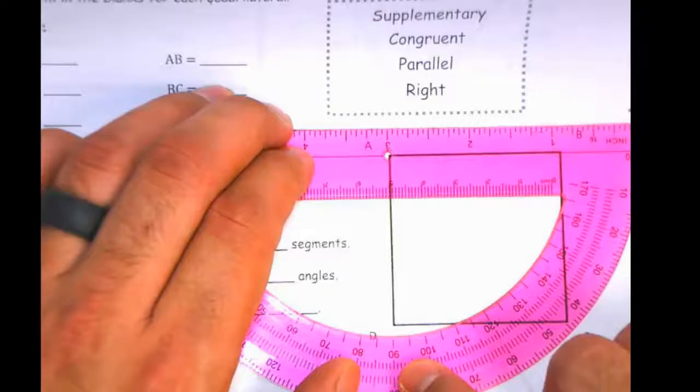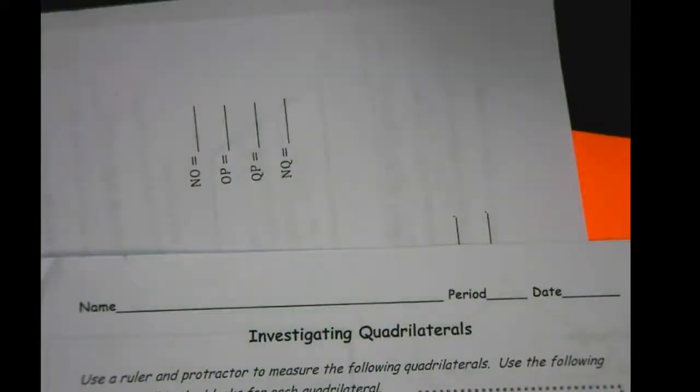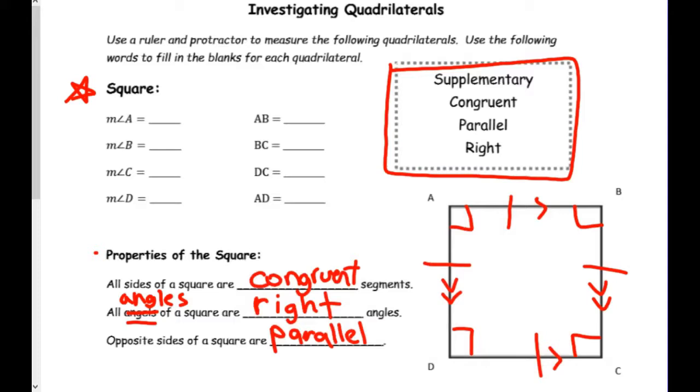There it is, 90 degrees. Okay? So we're going to write that in for these four angles, because remember, they're all the same. 90 degrees, 90 degrees, 90 degrees, 90 degrees. And then we're going to measure AB, BC, all that good stuff.